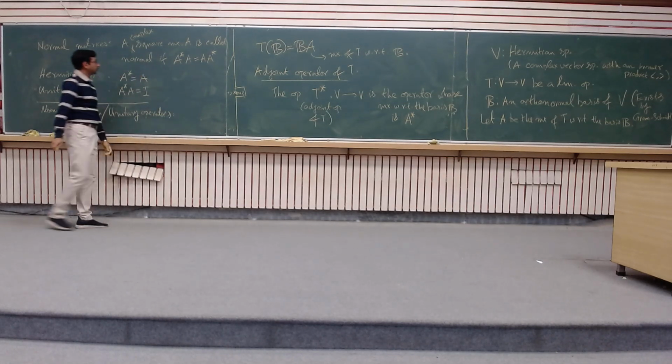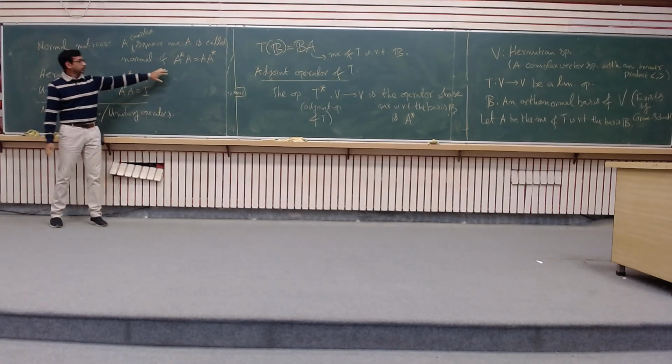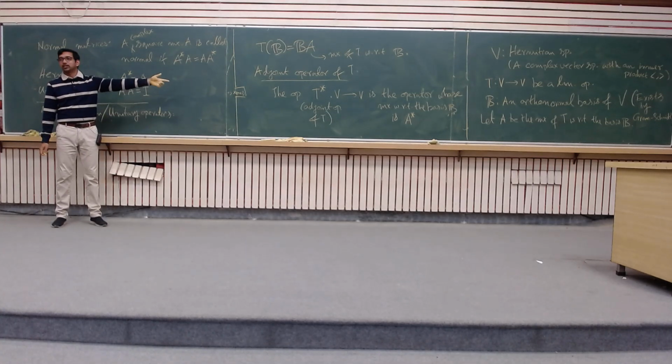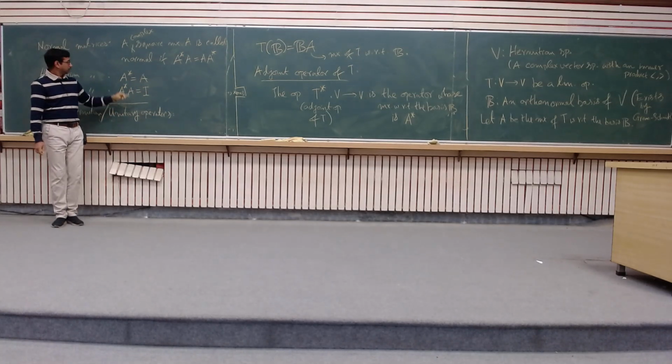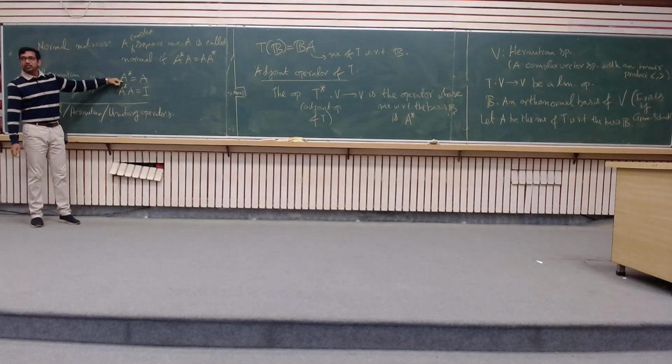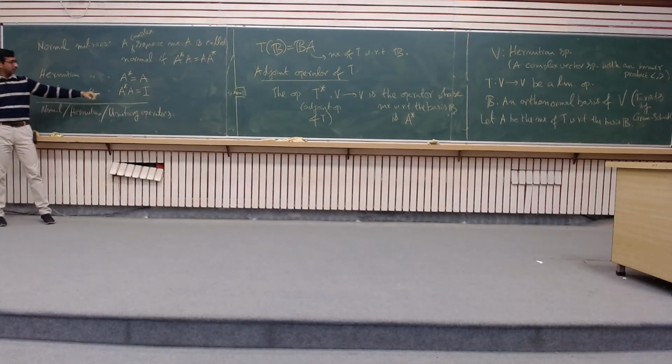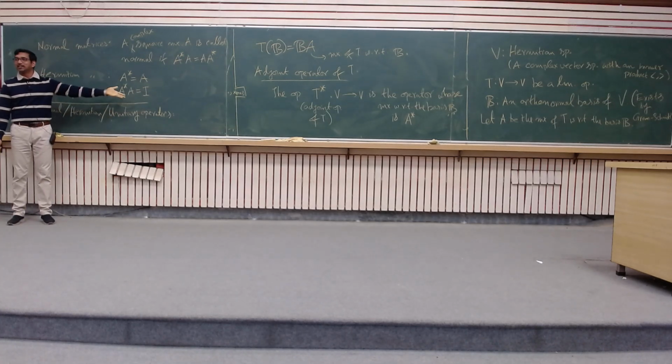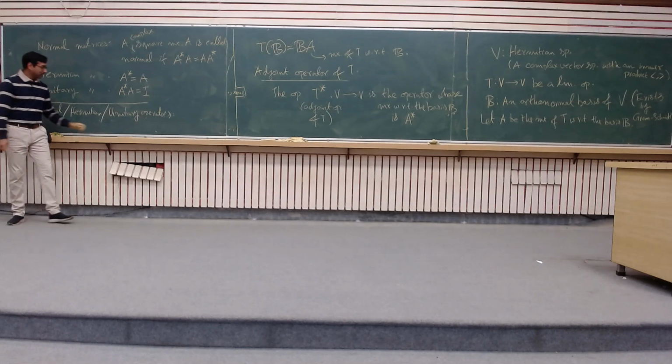So, for example, a normal operator is one which commutes with its adjoint: T star T is equal to T T star. A Hermitian operator is one for which the adjoint is equal to itself: T star is equal to T. And a unitary operator is one for which T star T is identity. Quite simple.